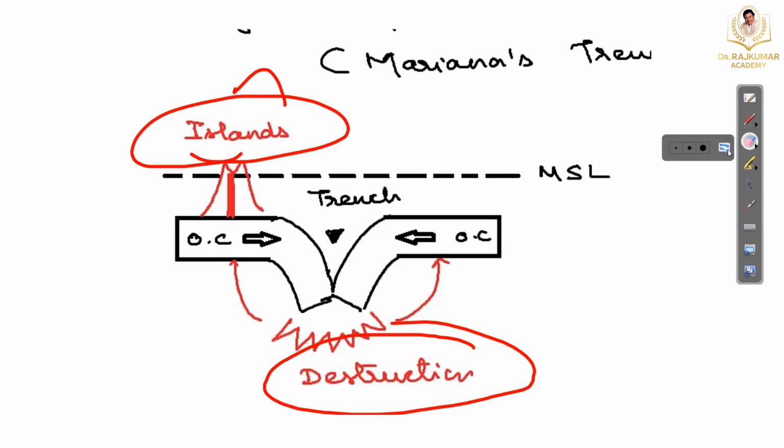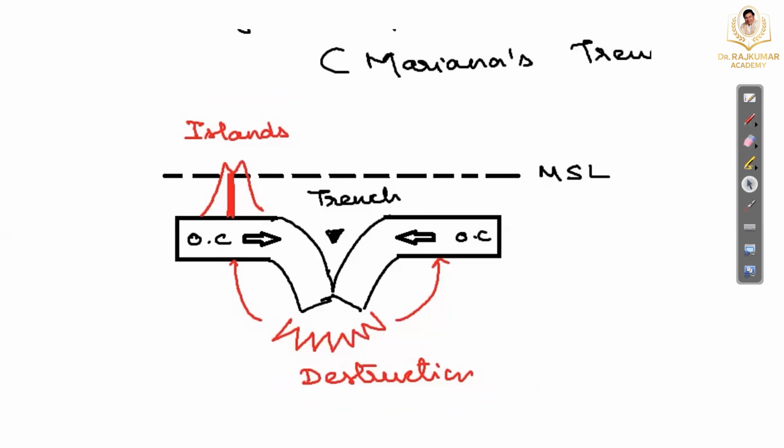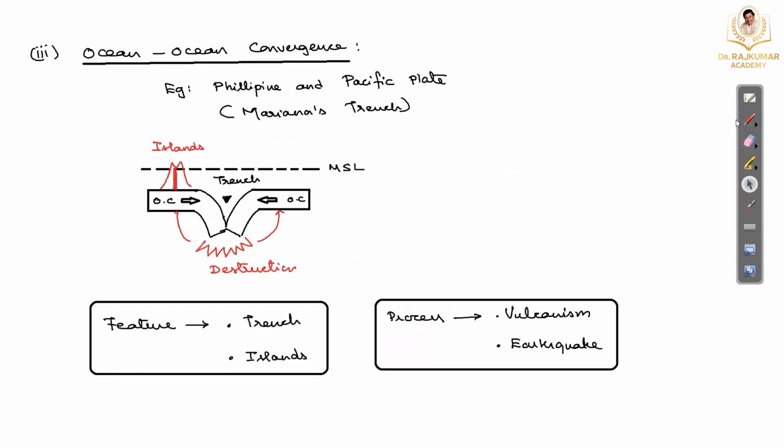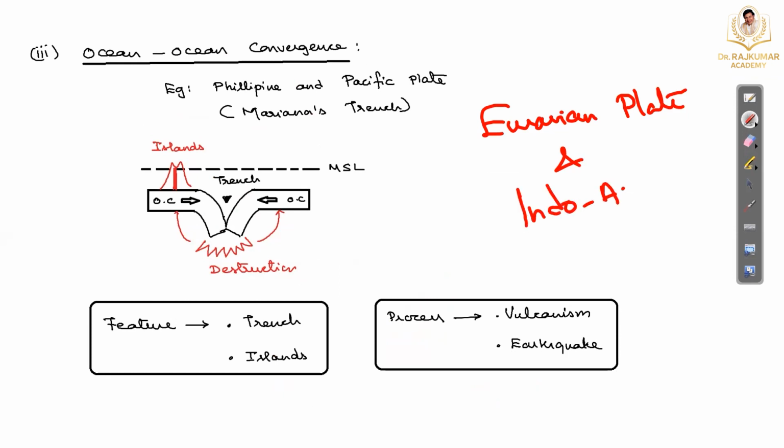Now we are talking about what type of a boundary? Ocean convergence. Now tell me, can I take Eurasian plate and Indo-Australian plate as this example? Can I take this Eurasian plate and Indo-Australian plate convergence as an example of ocean-ocean convergence?